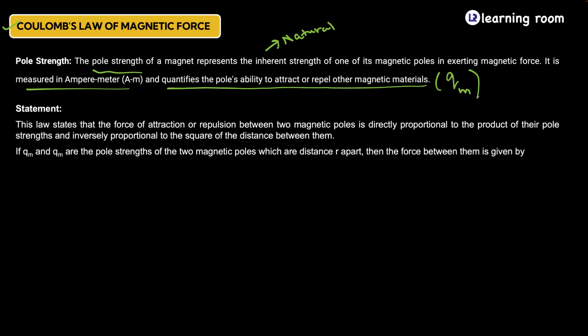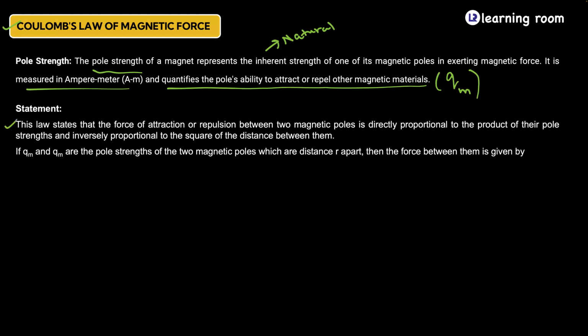Here, who is deciding the extent to which it can attract or repel other magnetic substances? It's pole strength. Meaning, there you had charges; those charges in electrostatics should be replaced with pole strength in magnetism. Okay. So having said that, look at it.